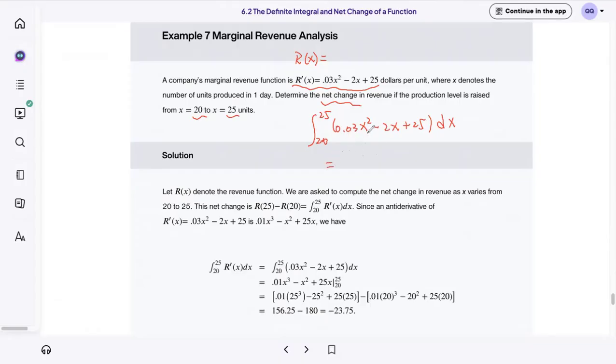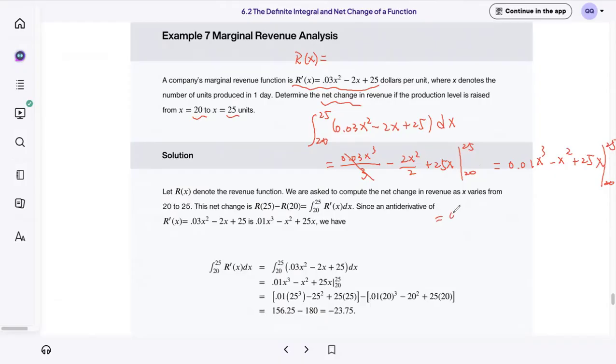Then we anti-differentiate. So we get 0.03 x cubed divided by 3 minus 2x squared divided by 2 plus 25x. Then we want to evaluate at 20 and at 25. So this gets 0.01 x cubed minus x squared plus 25x, a polynomial of degree 3. Then we evaluate at those two values.